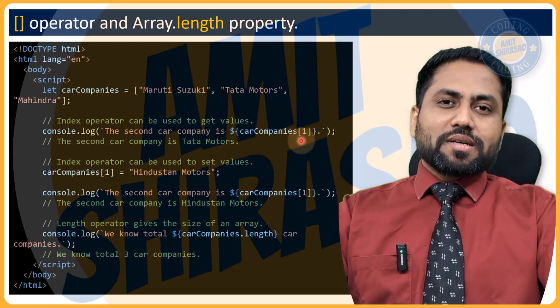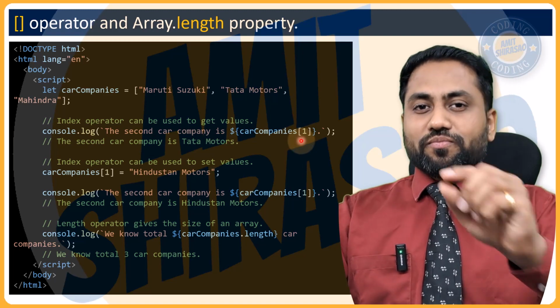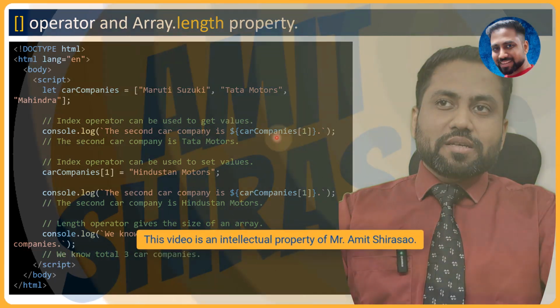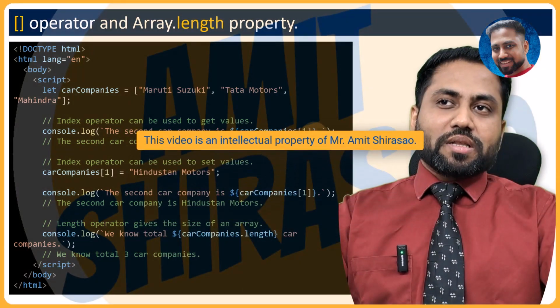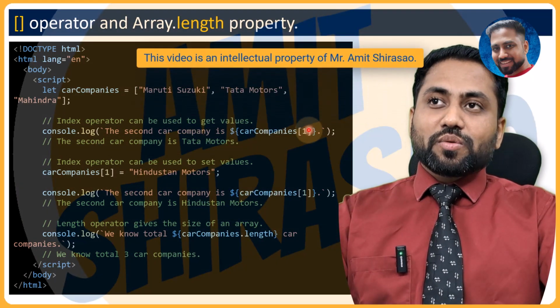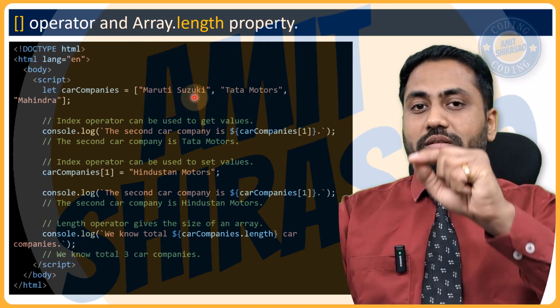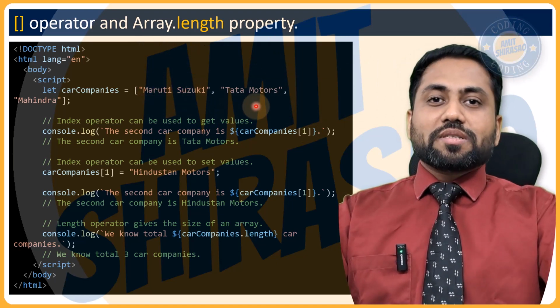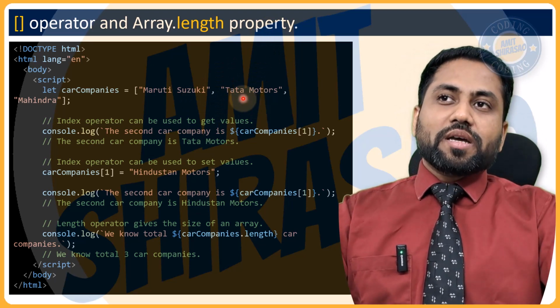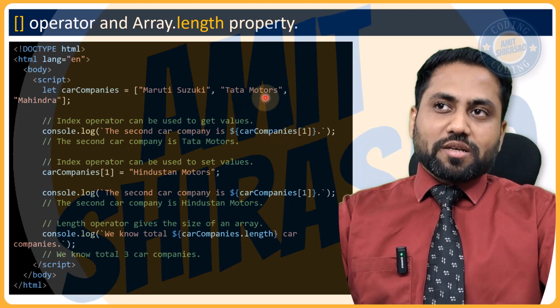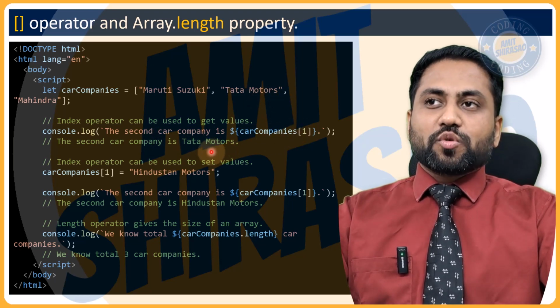Now notice this is the index. This is not actually the first element, second element, nothing like that. It is the element at index number 1, and indices, as you know, start from 0. So Maruti Suzuki is at index 0, Tata Motors is at index 1, and that's why when I say carCompanies of 1, it means Tata Motors. So here you will see Tata Motors.